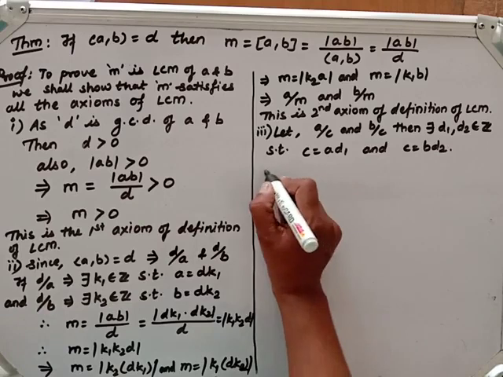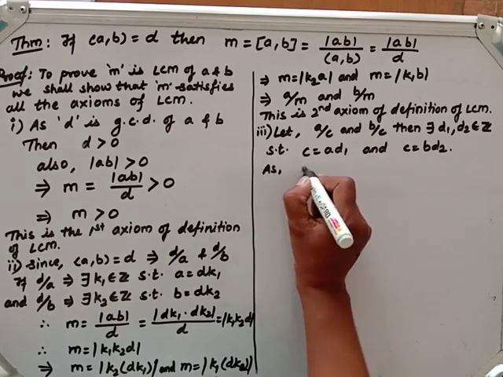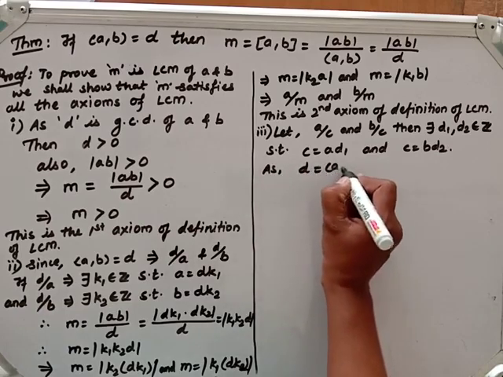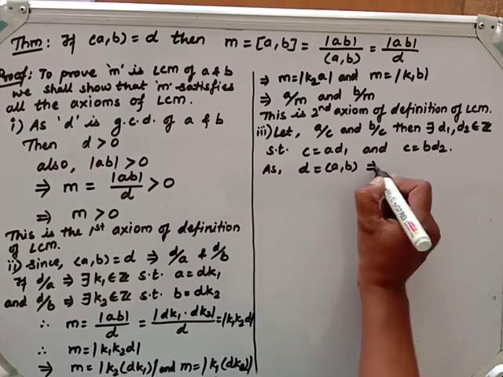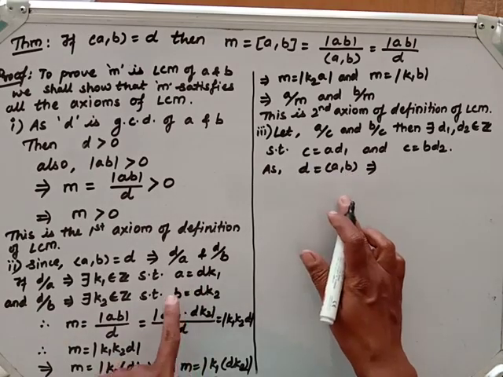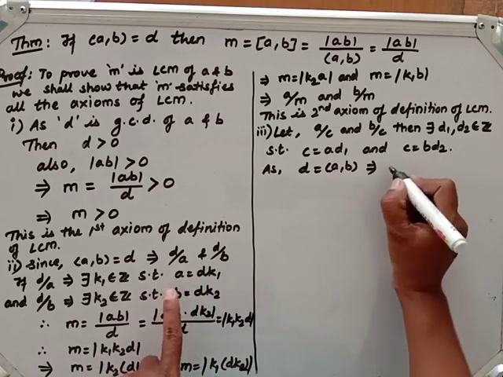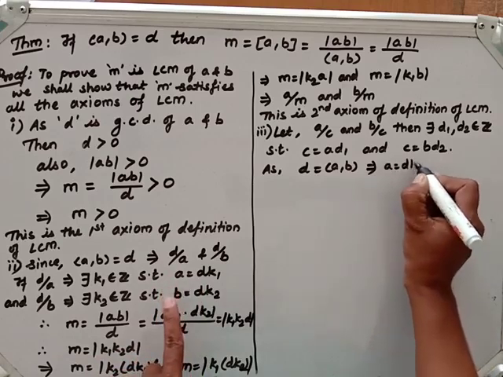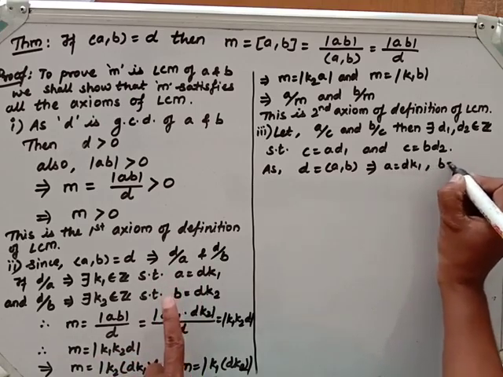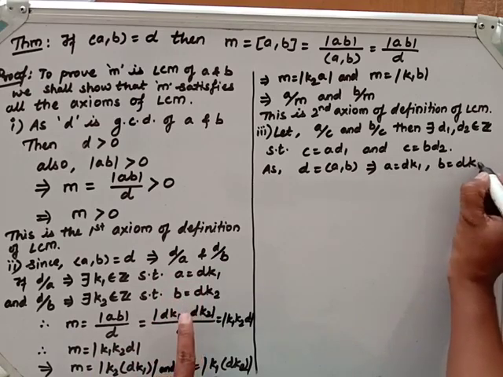Fine. Now as D is the GCD of A and B, what does this say? The same thing here, whatever we have written. This says A is equal to DK1 and B is equal to DK2.